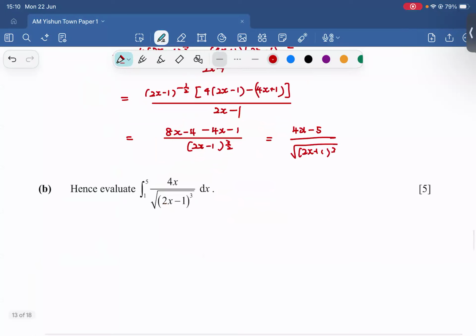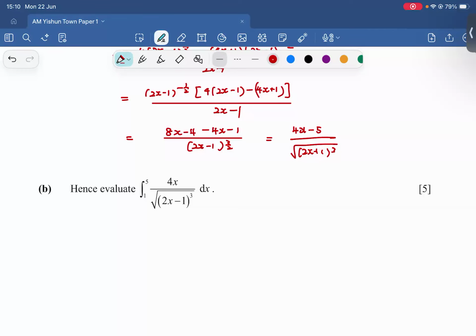Okay, hence evaluate this. So there is only one way to do this. And what is the one way? You always start from the integration part. You always start from the previous part. So when we differentiate that, we get that one.